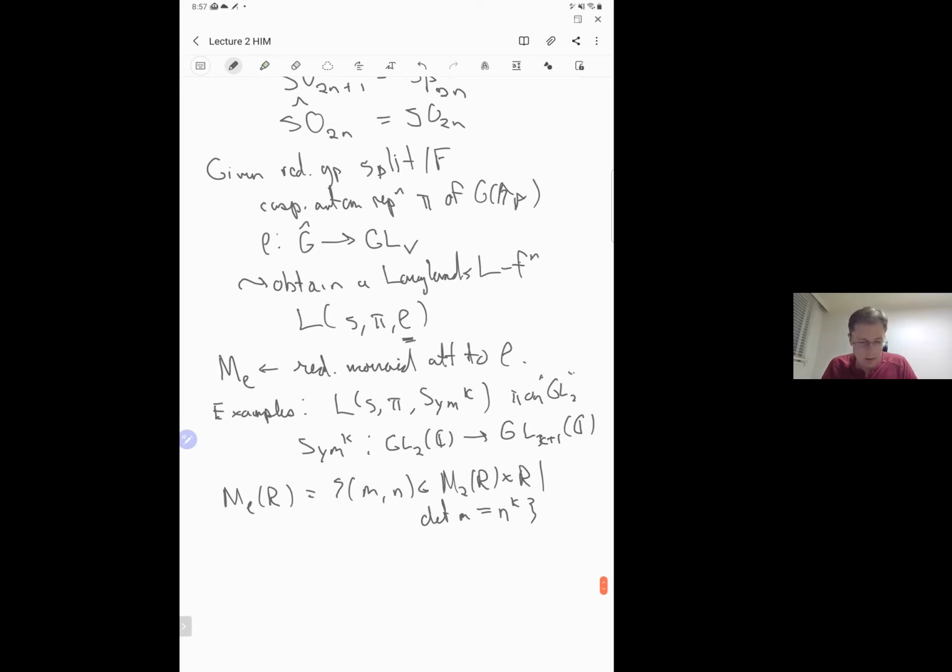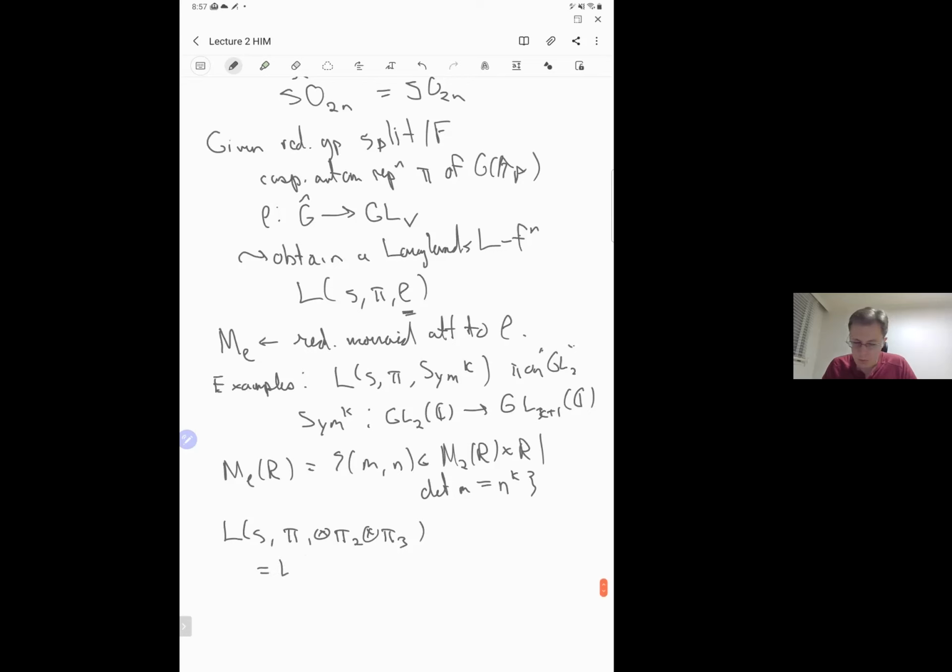Another of my favorite examples is the triple product L-function, which is the following. Sorry, let me change the notation a bit here.